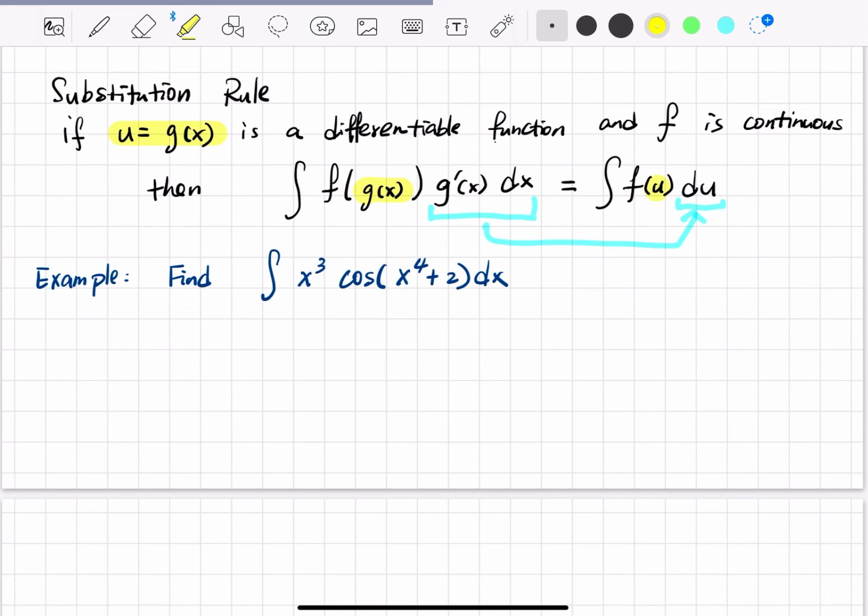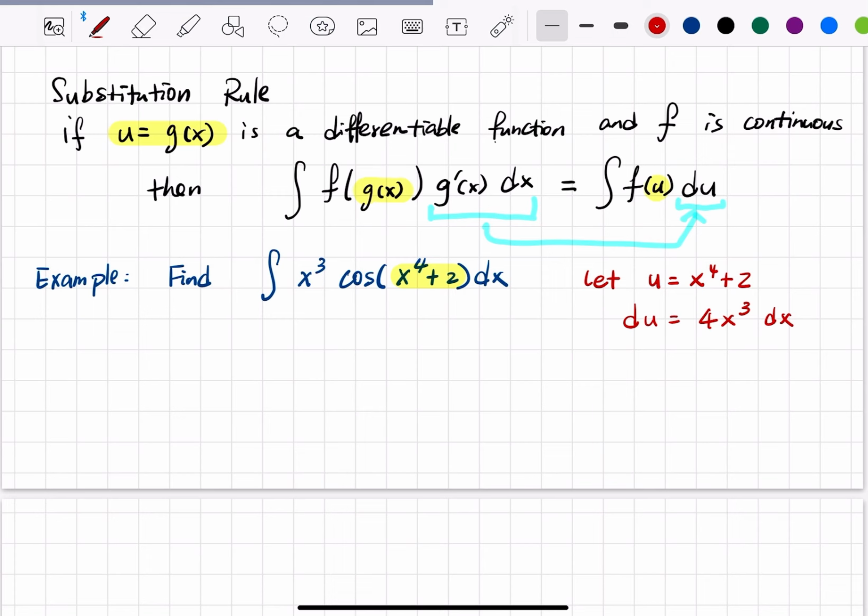Here we have cosine of x to the fourth plus 2. So we know that x to the fourth plus 2 is the inner function. So this is a nice way to let u be x to the fourth plus 2. Then let's take the derivative to find du, which is 4x cubed dx.